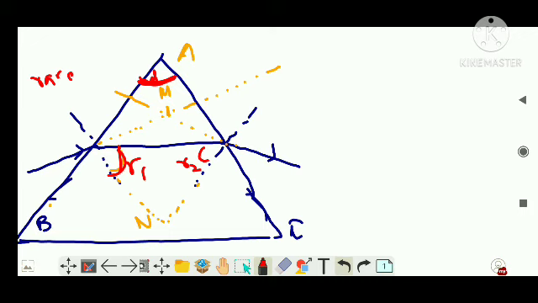Right. Now let's take this point as Q and this point as R. Now let's take the quadrilateral A, Q, N, R.